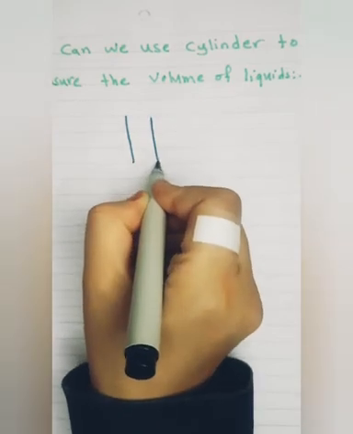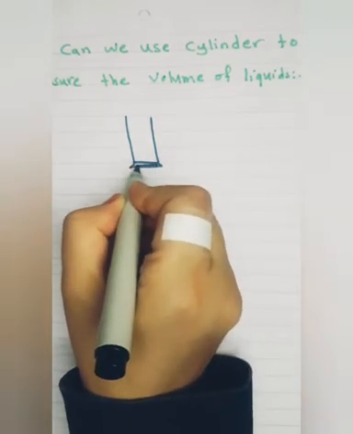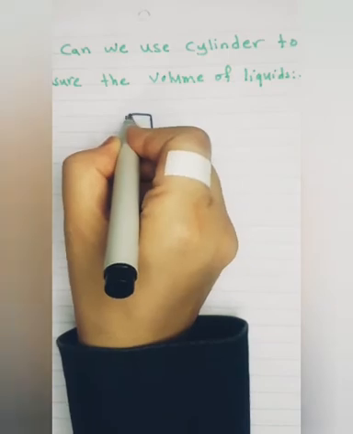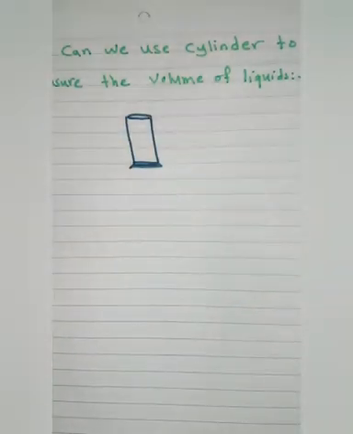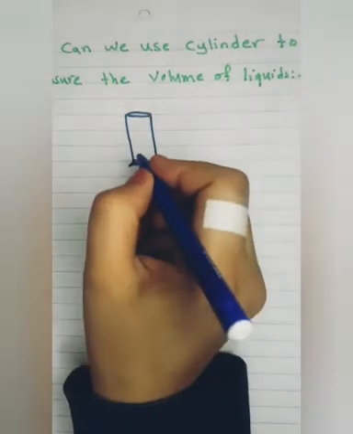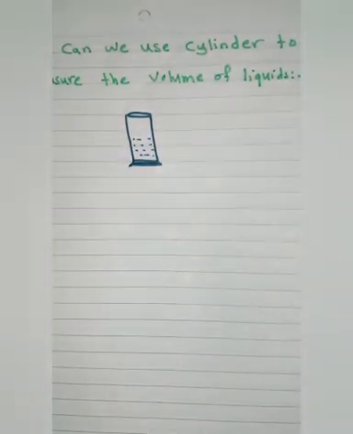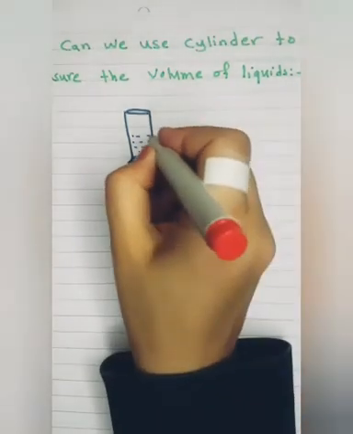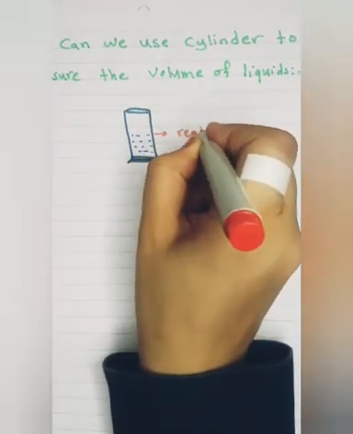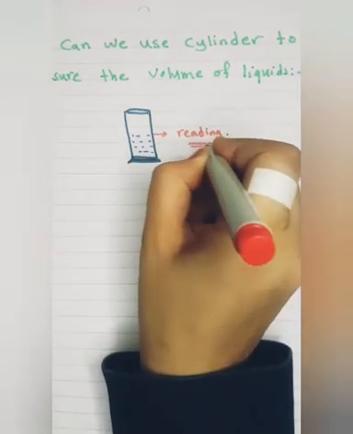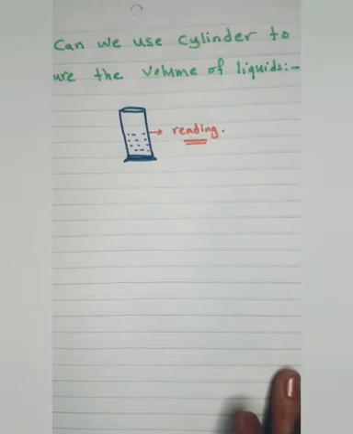So I will repeat it again. We bring the cylinder and put inside it the liquid. هنحط جوه السلندر الليكويد that we want to measure its volume. Then I will take the reading. باخد القراية. Is it easy?